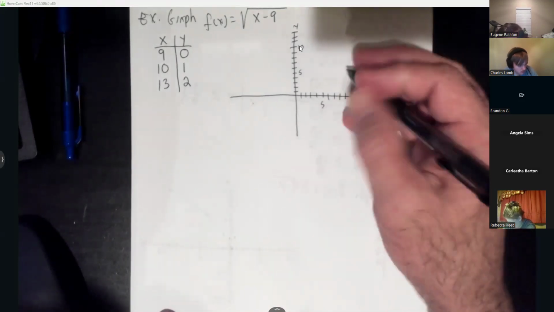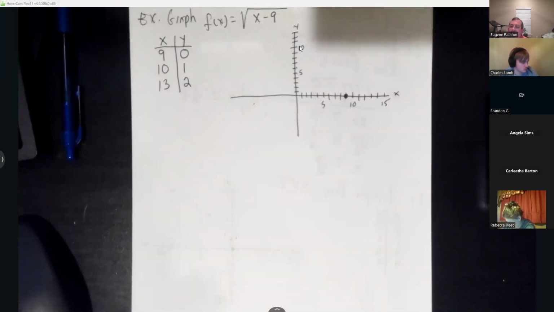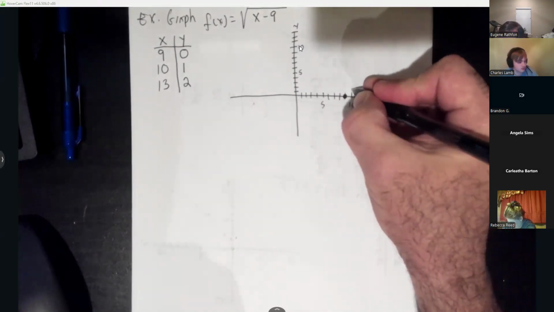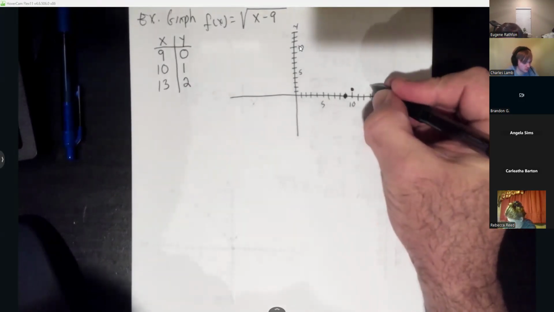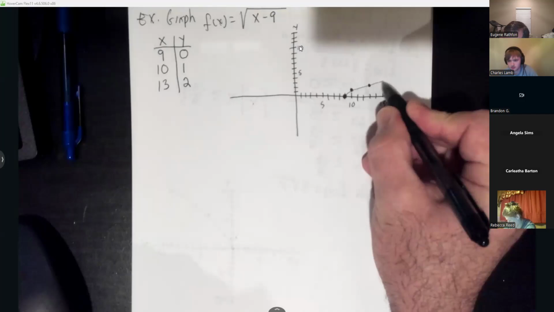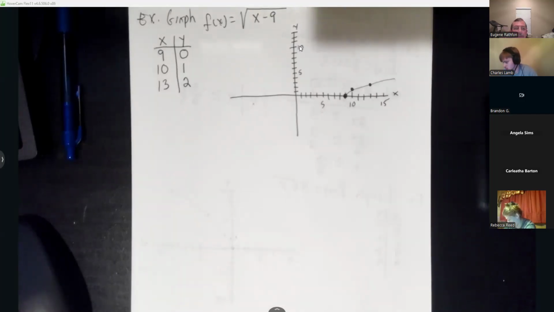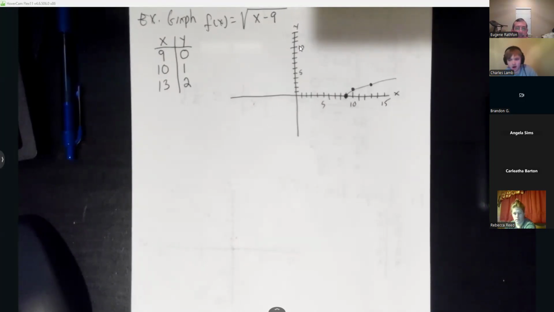All the way over here at 9, 0. So it looks like Charles was right. It moved me right pretty good, didn't it? And then 10, 1 would be right here. And then I had 13, 2 about right here. So if you notice what it did, it shifted my graph to the right 9 units, okay? So you can sort of almost do the stuff we did in 7-2 to figure out what's happening to the graphs, okay?